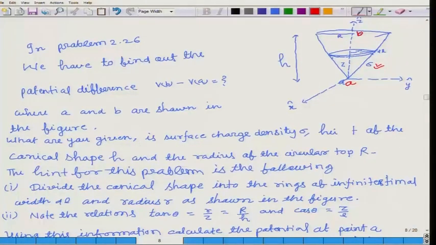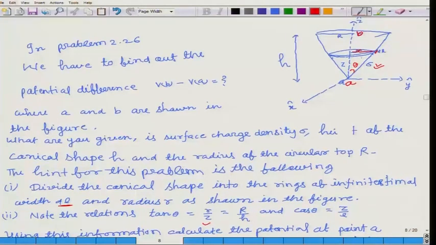What you do, you just divide the conical shape into rings of infinitesimal width dl. So, this is your dl and radius r, this one is radius r as shown in the figure. Note the relation, suppose this is theta, then you can see tan theta is equal to r over z, whether you write r over z or capital R over h.